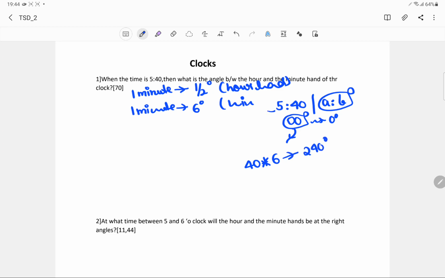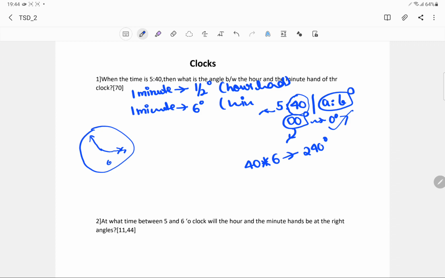So it is not concerned about the hour hand. See, at 5:40, you have 6 over here, you have 5 over here. So this is the minute hand and this is the hour hand. So after 40 minutes it is just concerned about the minute part.